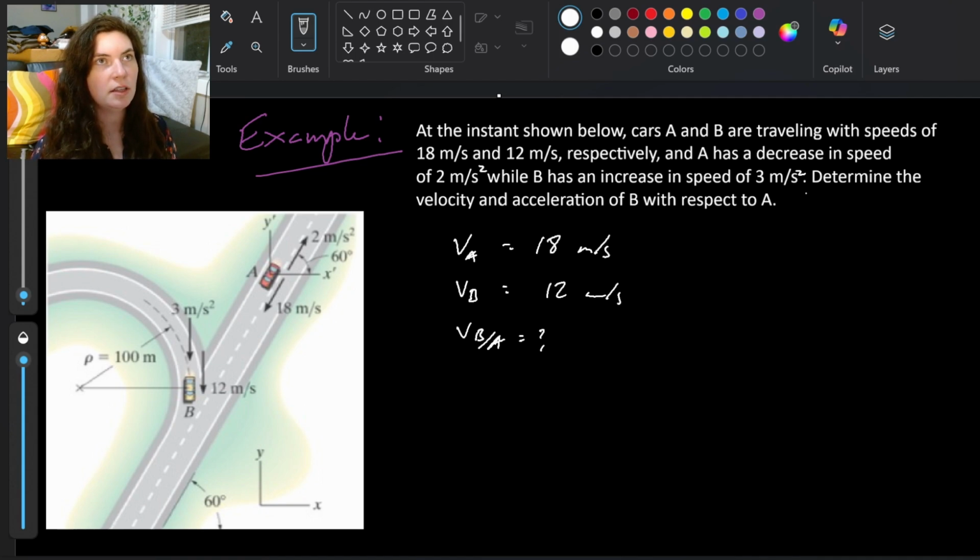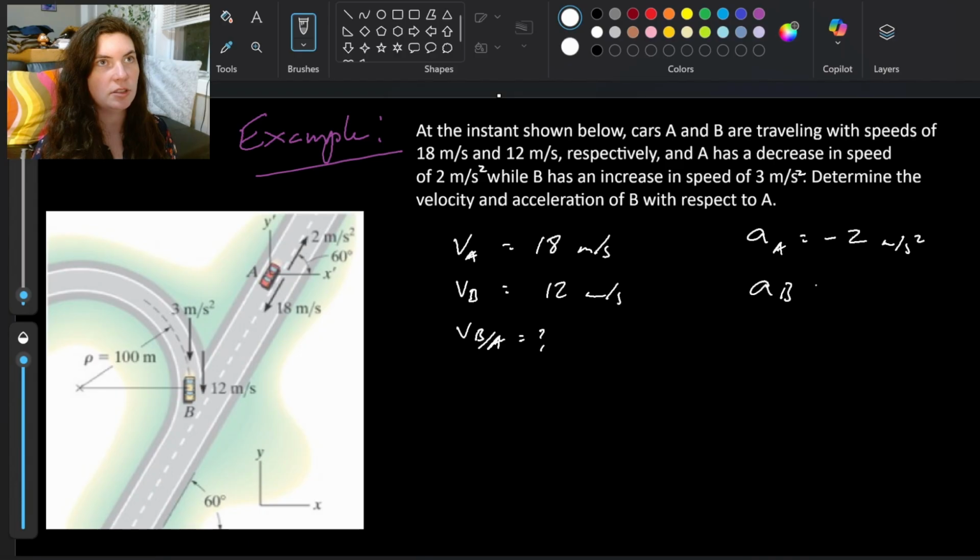And then looking at what else we need to write down, let's go ahead and pull out all those accelerations. So acceleration of A has a magnitude of -2. It's decreasing in speed, -2 meters per second squared.